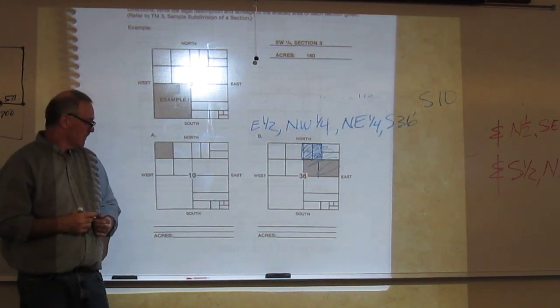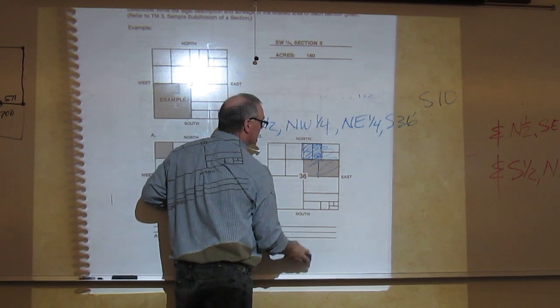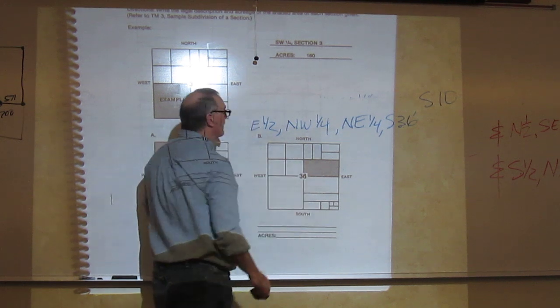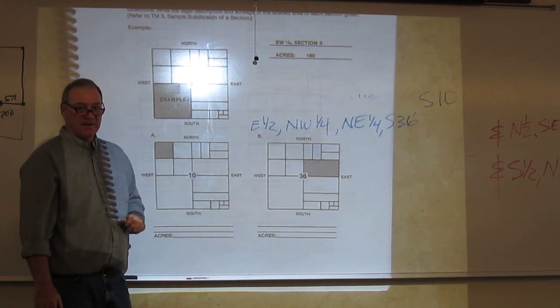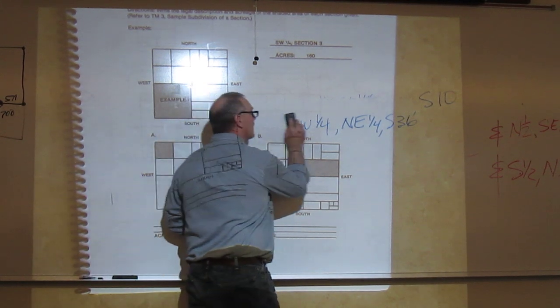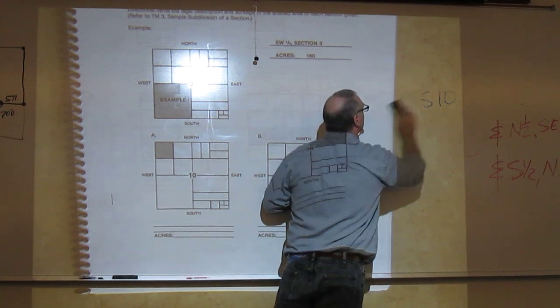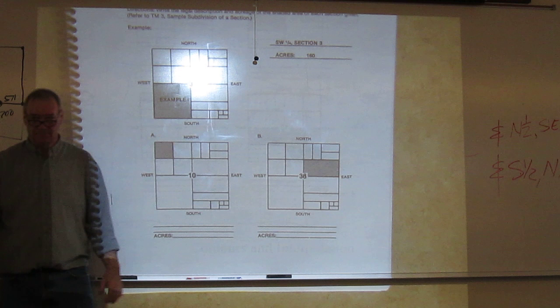Okay. So then you do 2 times 4 times 4, and then divide that by 640 for the acreage, correct? Divided into 640. Yes. Okay.